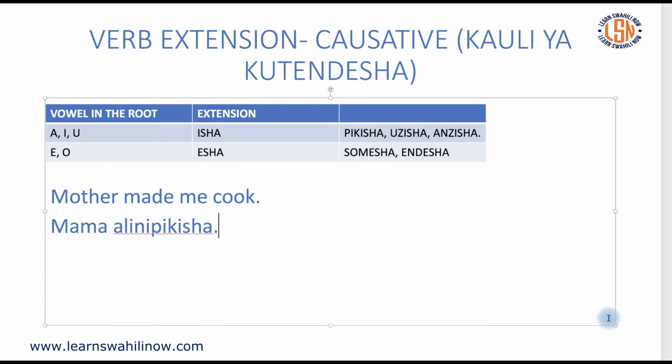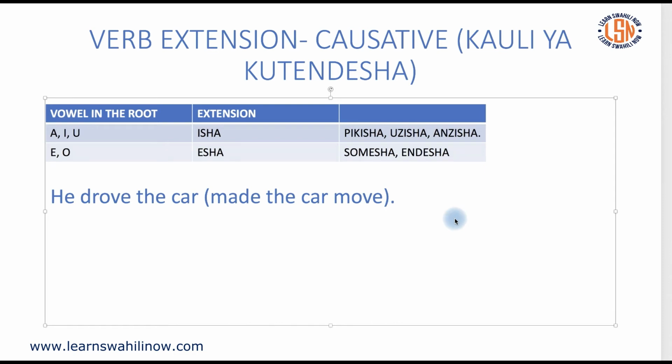Okay, let us continue. Here's one that we use all the time. He drove the car. But when you really think about it, driving is making the car move. So in this particular case, we are going to use the verb enda, which is go. And as we had already conjugated it into endesha, we simply took end and affixed esha at the end because it has e in its root.